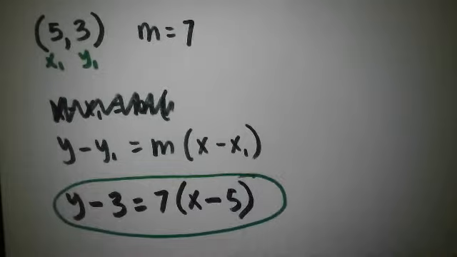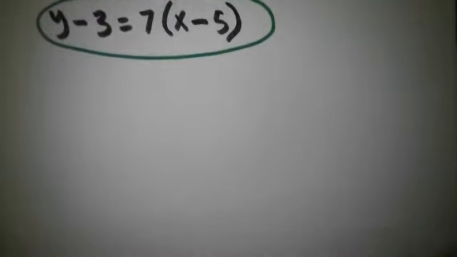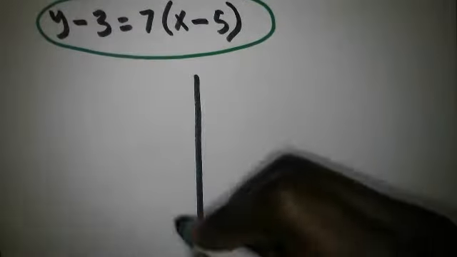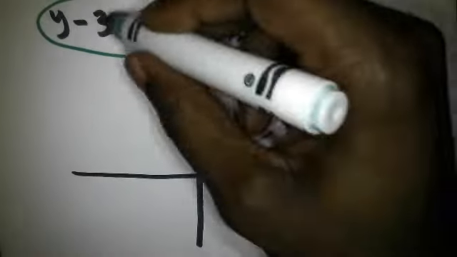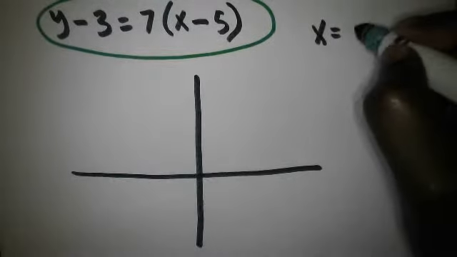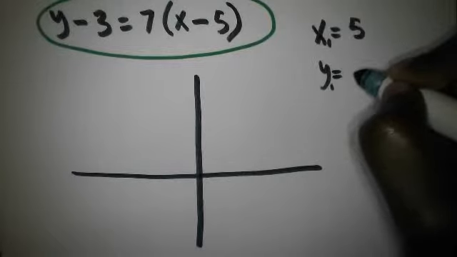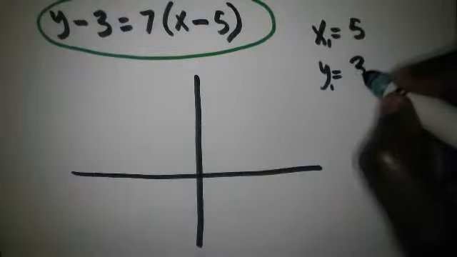So let's go ahead and graph this particular equation. Now we're going to graph it this way. Know that if I pull out x, it's going to be positive 5, and if we pull out y, it's going to be positive 3.